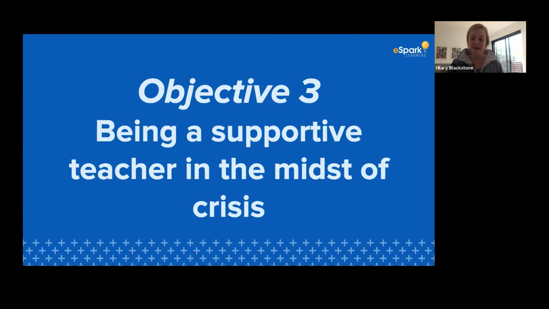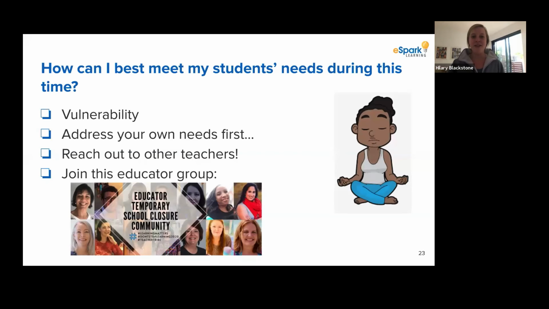Yeah, I think the biggest thing for us is to start with your own needs. I've been reminding myself that we're on the front lines of this. We have such an important role, and remembering that it's okay for you yourself to feel stressed and anxious and scared, and do what you need for yourself.